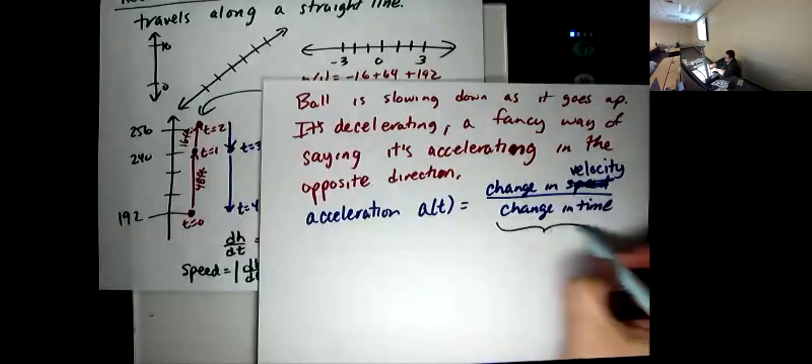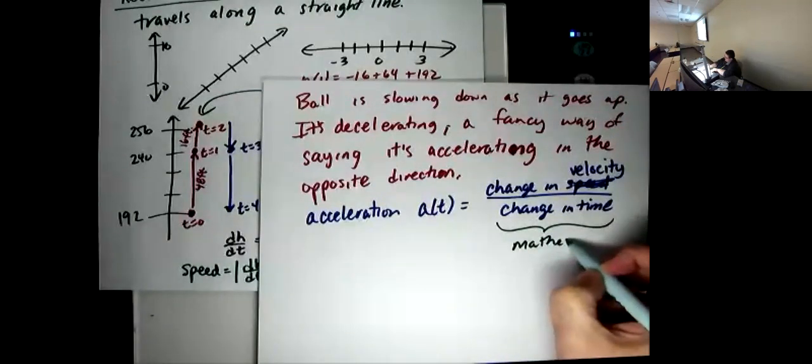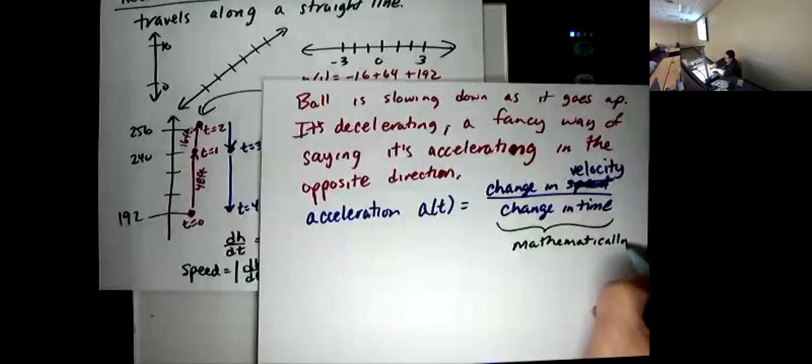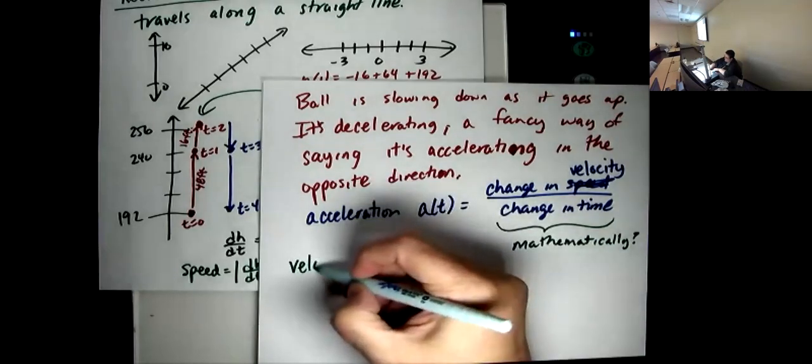What does that mean mathematically? Can I write this as a formula? How? Let me prompt an idea for you. What's velocity in terms of position?